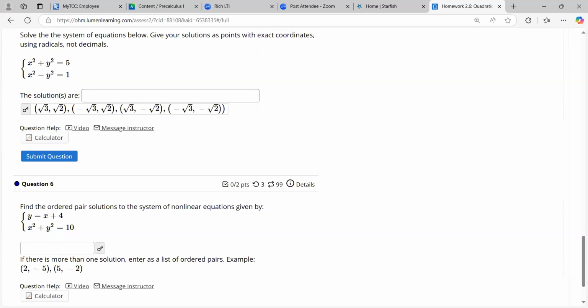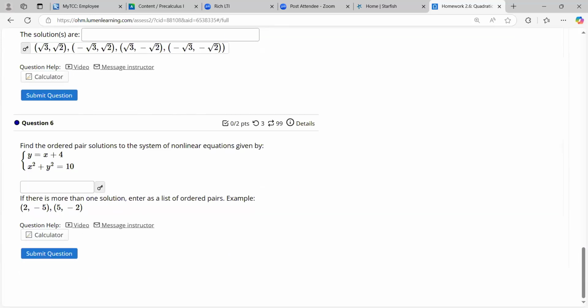So are we good? How about we solve one more. If there is more than one solution, enter as a list of ordered pairs. Okay, let's solve this as the last problem, because this problem is going to use substitution method.